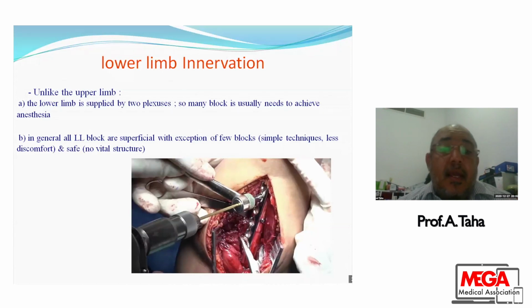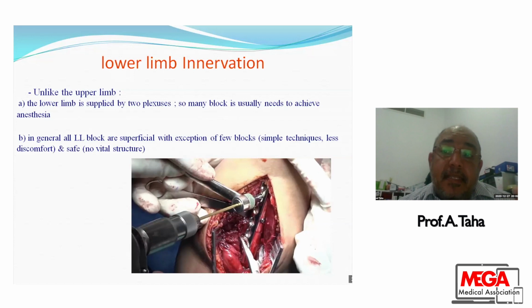The close anatomy between the scalene and the epidural and spinal space makes spinal spread possible. The same applies to the suprascapular block, which is close to the top of the pleura. So there are risk structures in the upper limb. Thanks to Allah, we don't have this problem in the lower limb.